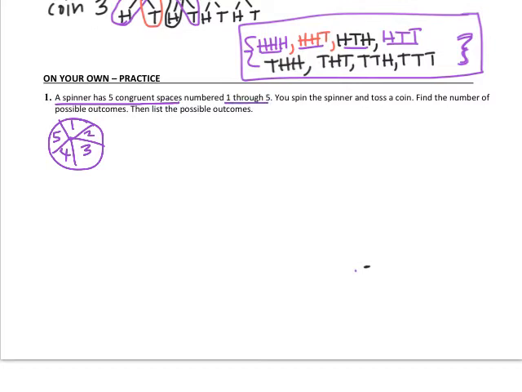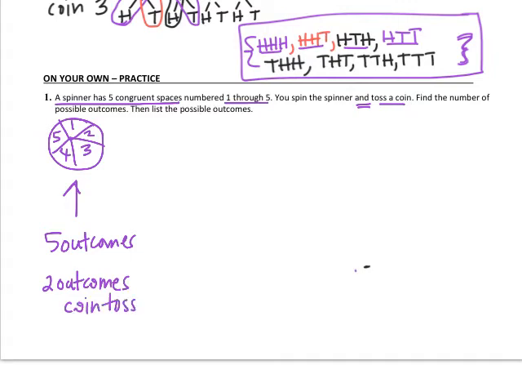You spin the spinner and you toss a coin. Okay, so just like I did above, I was using heads or tails from the coin. Those are the outcomes. And there are 5 outcomes for spinning this spinner. Okay, so there are 5 outcomes from that and 2 outcomes of tossing a coin.